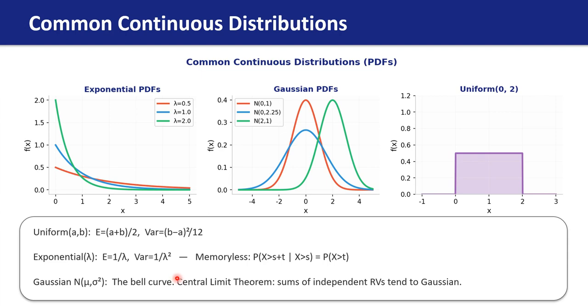P of X greater than s plus t given X greater than s equals P of X greater than t. If a component has already lasted s time units, its remaining life has the same distribution as a brand new component. In other words, it forgets its age.